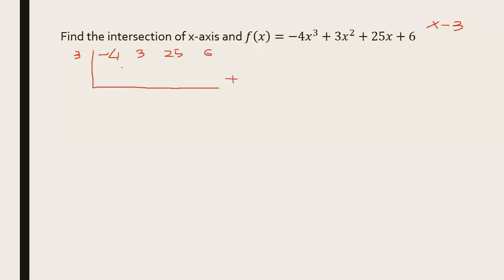Plus here, so -4, 3 times -4 is -12, 3 plus -12 is -9, -27 here, because 3 times -9, -2 here, 3 times -2 is -6, and the remainder is 0.